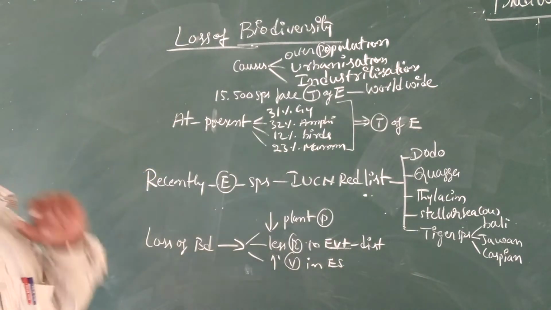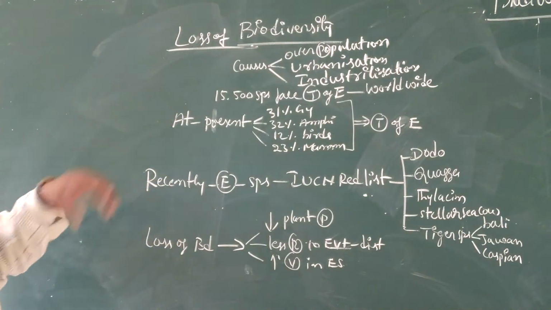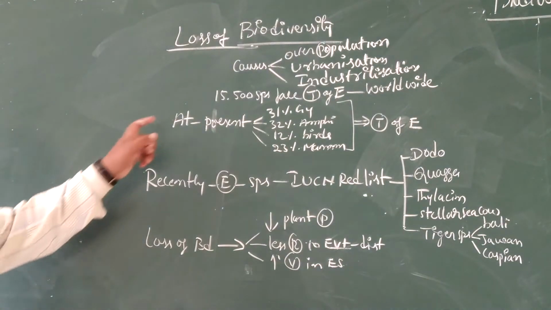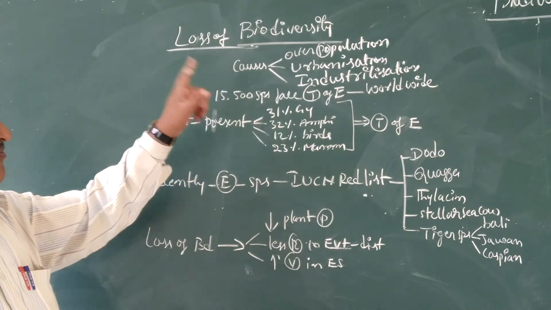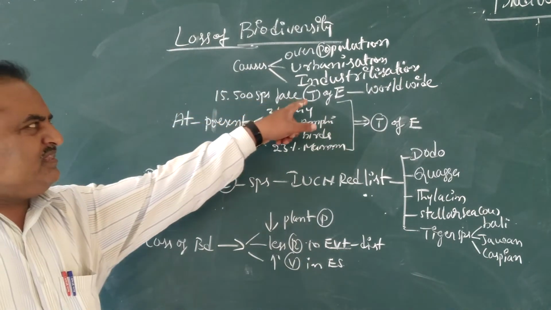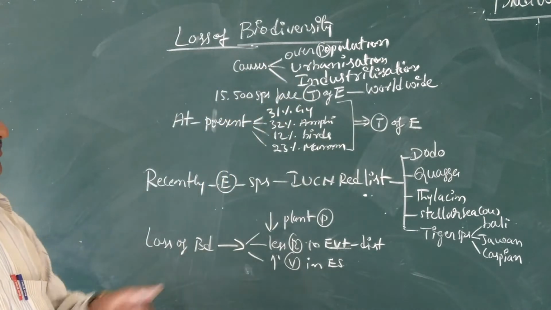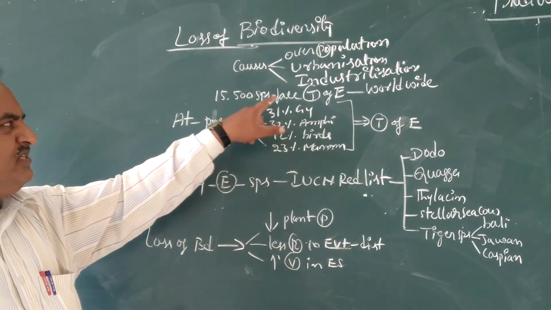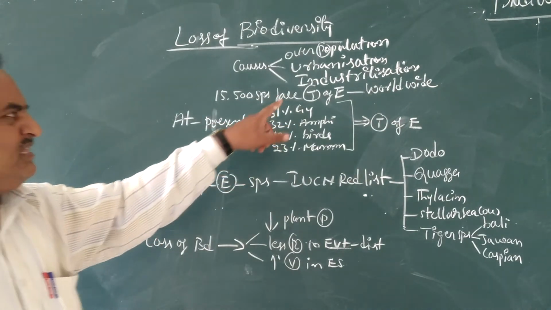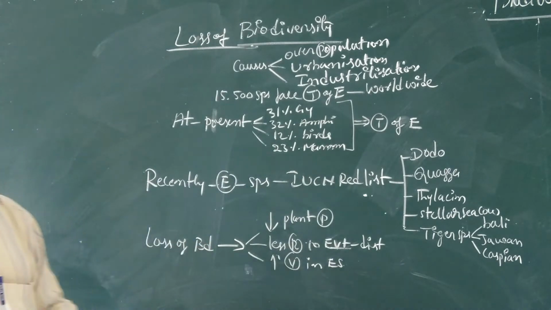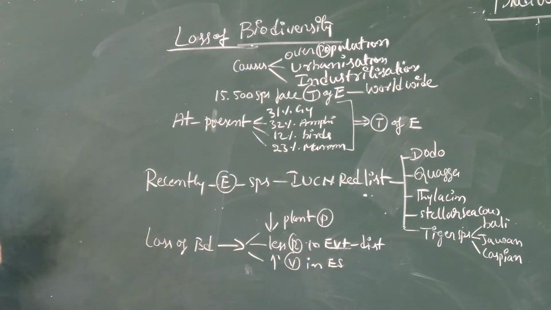As per the estimation, more than 15,500 species face threat of extinction worldwide every year.